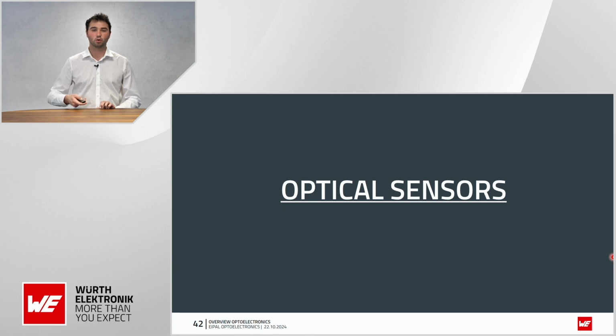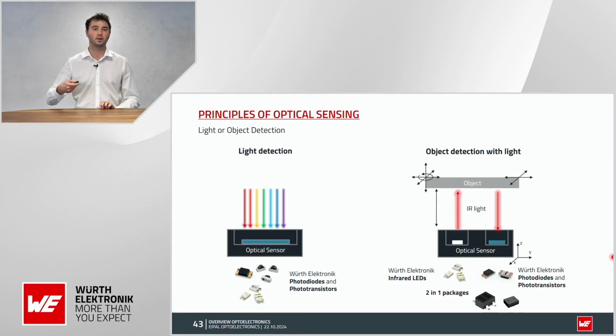But I also want to show you that we can make this even more. We can go to more optical sensors. To give you an idea what I mean with optical sensors, you can detect light or detect something with light. For the light detection, we already have photodiodes and phototransistors. They just see the light that is being emitted somewhere, and they can just detect this.